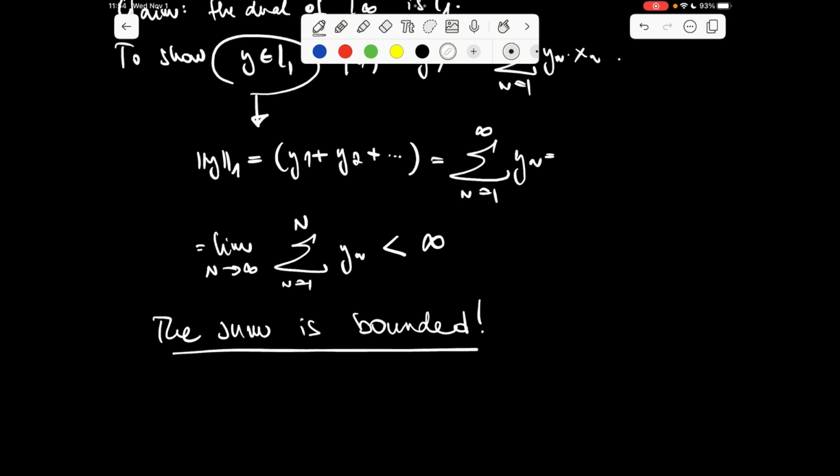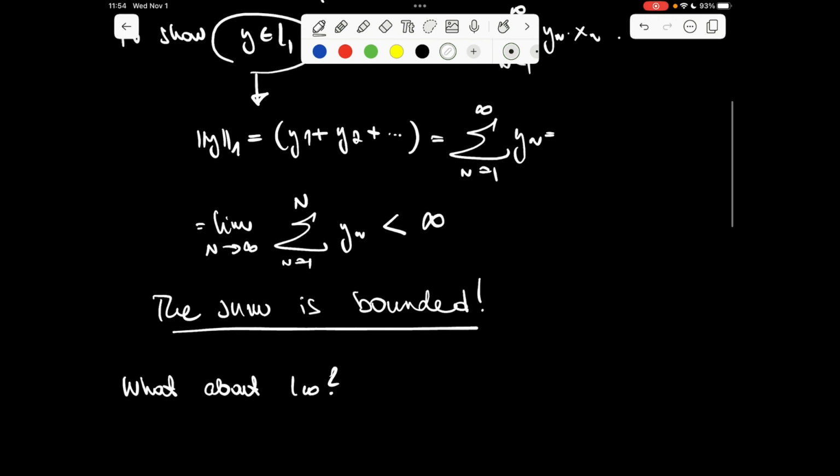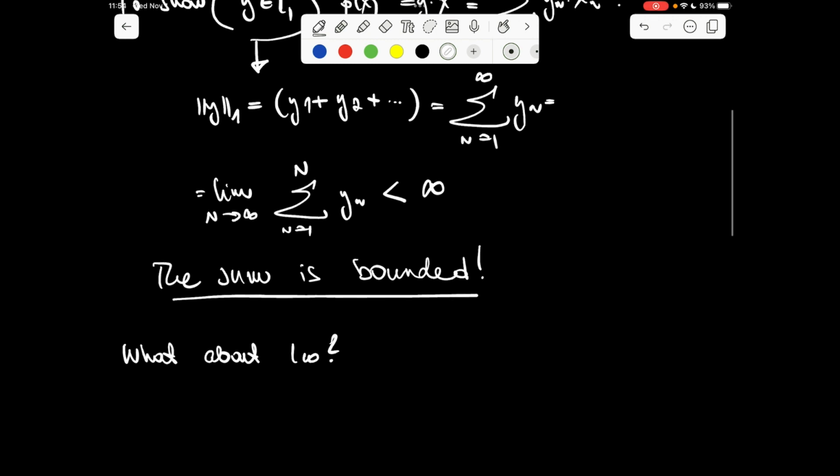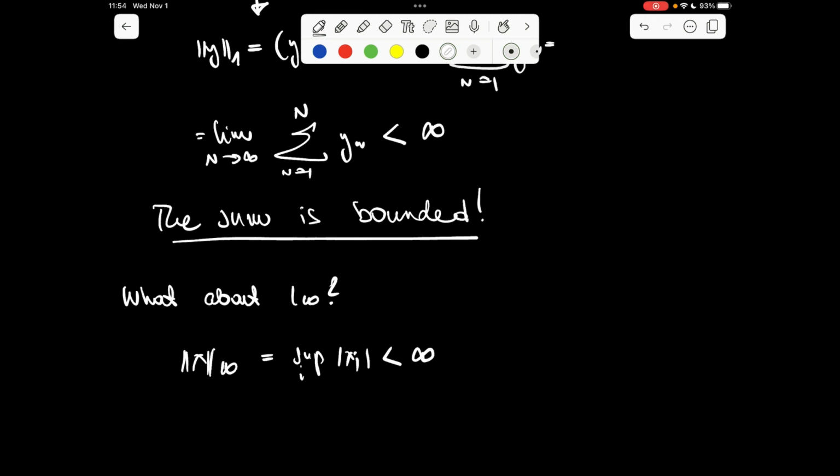What do we know about sequences in the space L infinity? This space consists of infinite sequences which are bounded in the sup norm. So all the elements of a sequence are bounded.